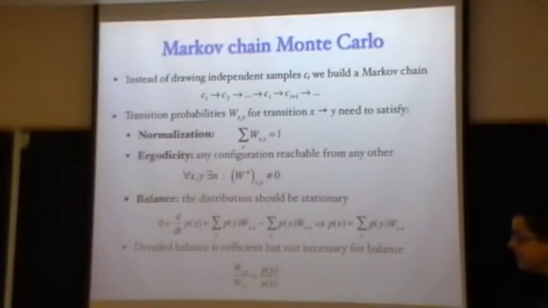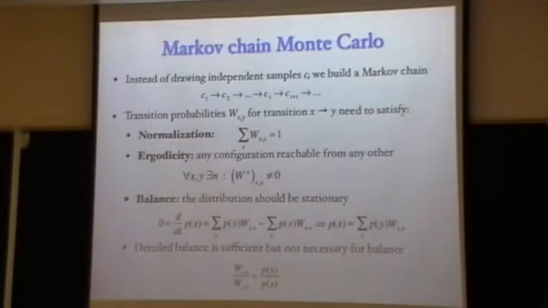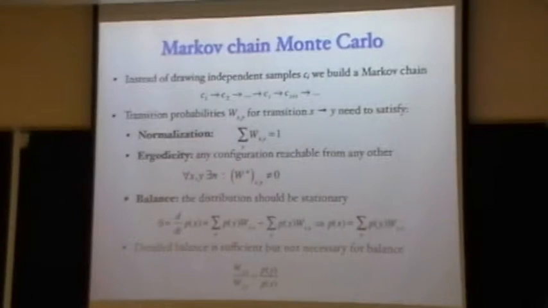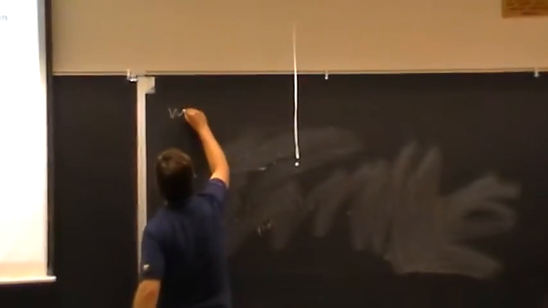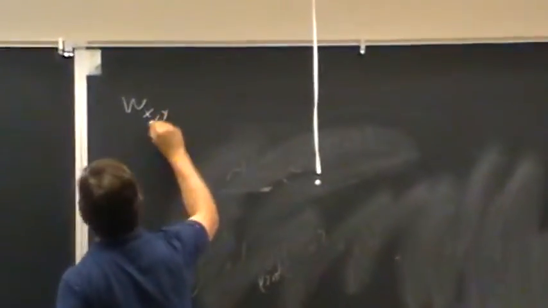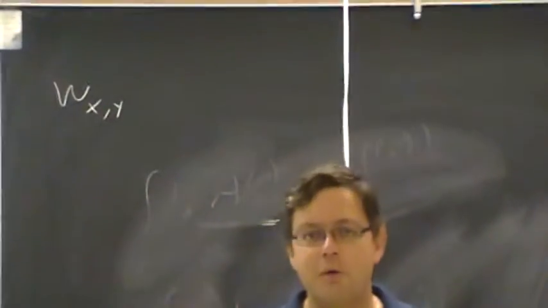So what does this mean formally? We have the so-called transition matrix W_xy. It gives me the probability to go from configuration x to configuration y.